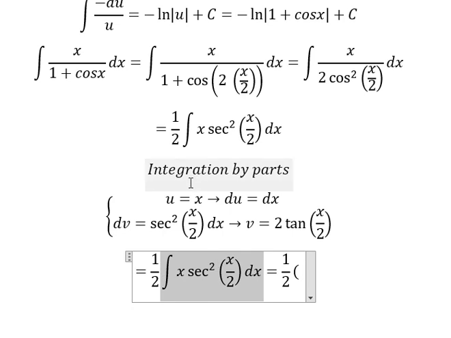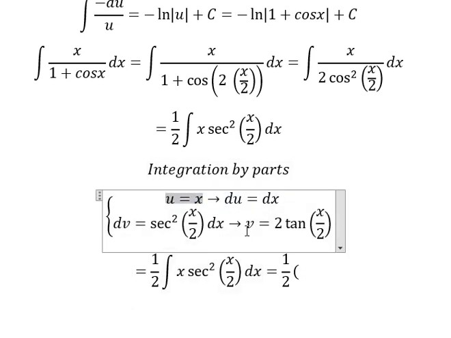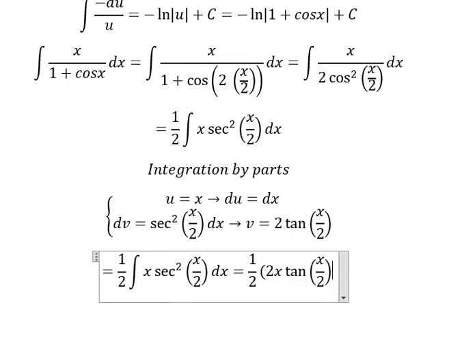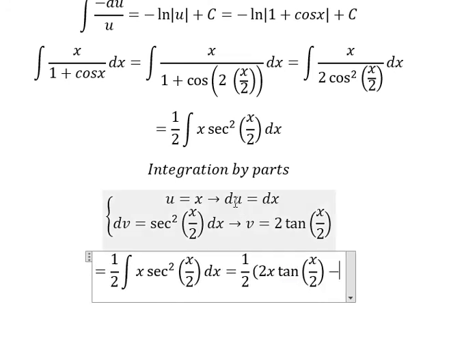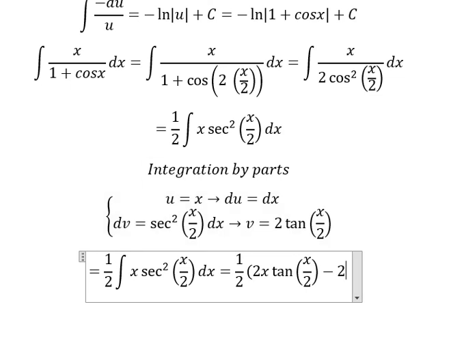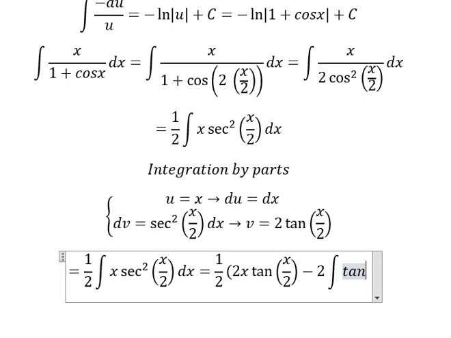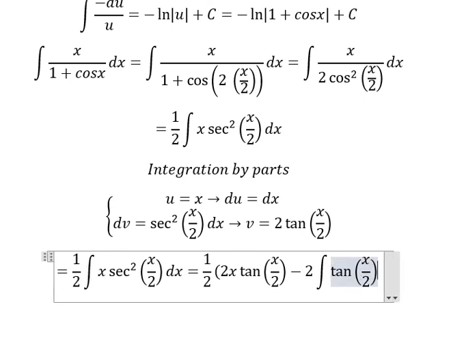About this one, we have u multiplied by v. So we have 2x tan of x over 2 minus the integral of v du. So we have number 2, and we have the integration of tan of x over 2 dx.